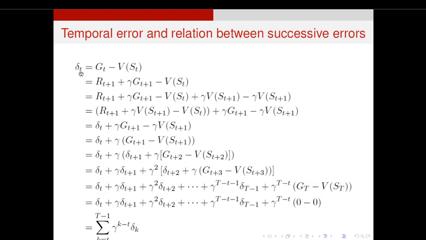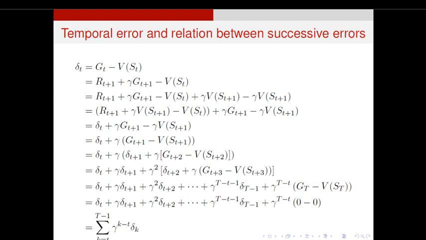That means the temporal error at state t is equal to the sum of discounted temporal errors at various states. So there is a possibility to extend one step temporal difference into n step temporal difference.